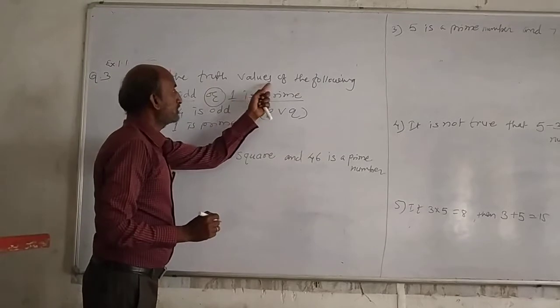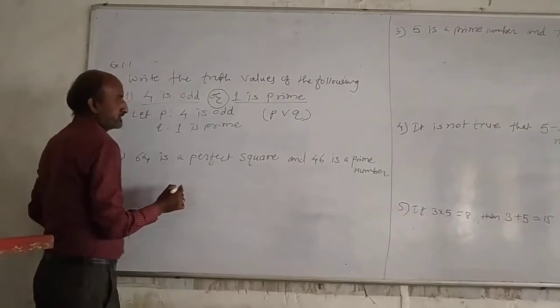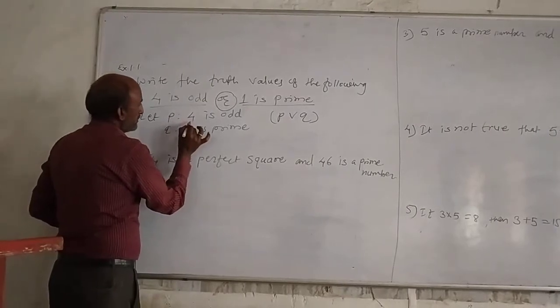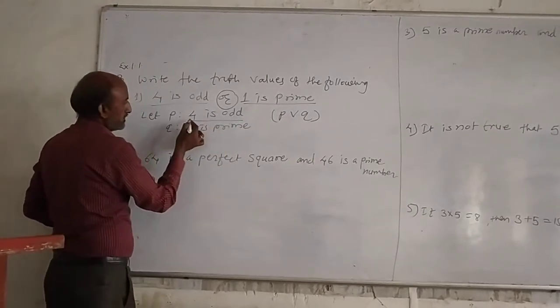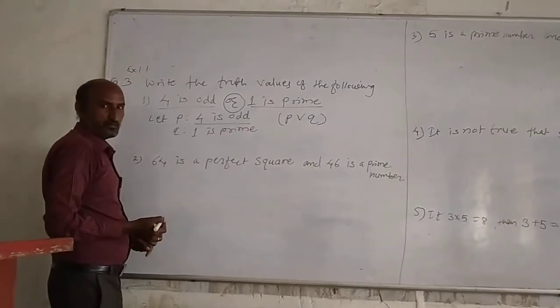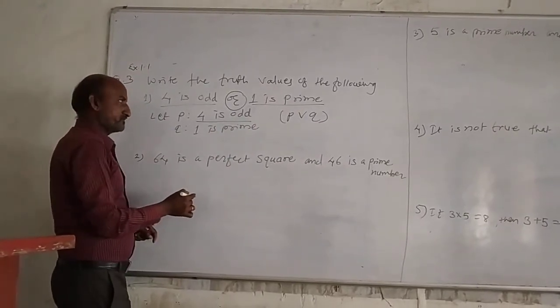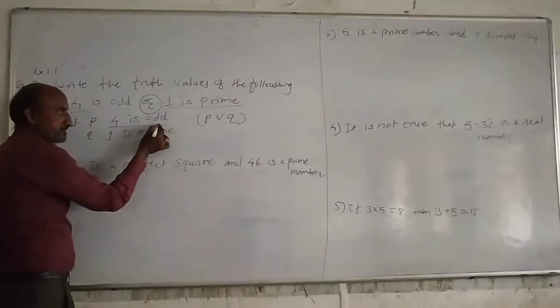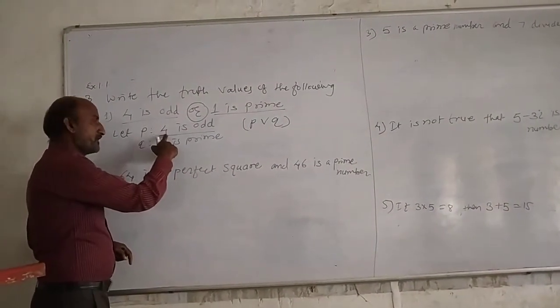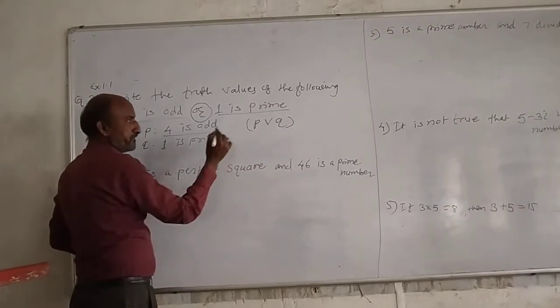But we must find the truth values of the following. Tell me, the first statement, 4 is odd. Is it true or false? 4 is an even number. Means what? The first statement P is false.